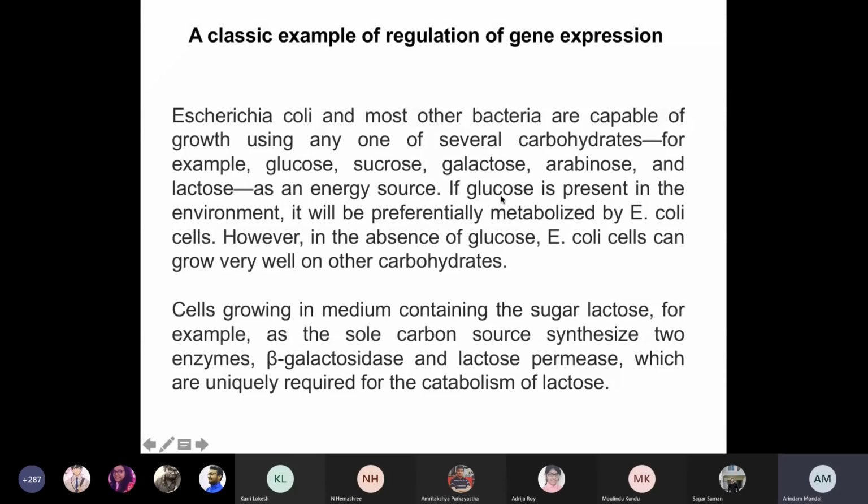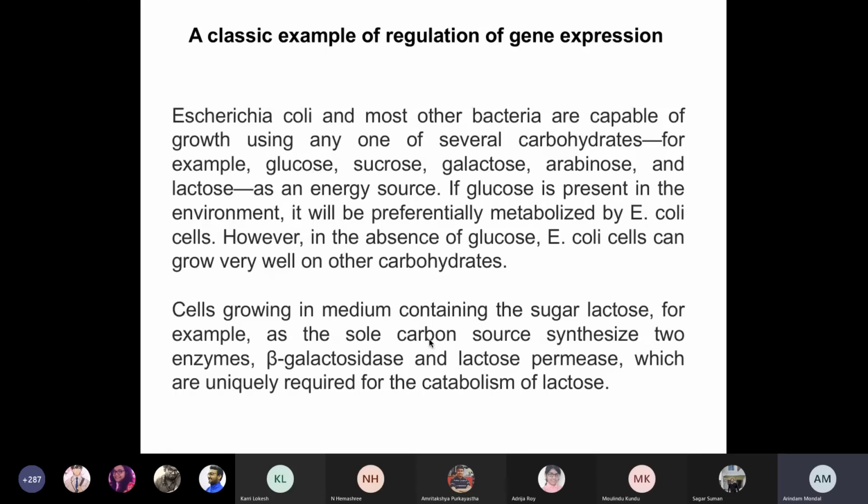So now if glucose is present in the environment, it will be preferentially metabolized by the E. coli cells. Okay. But if there is no glucose, then they can grow on other carbohydrates as well. For example, there is no glucose, but there is lactose.